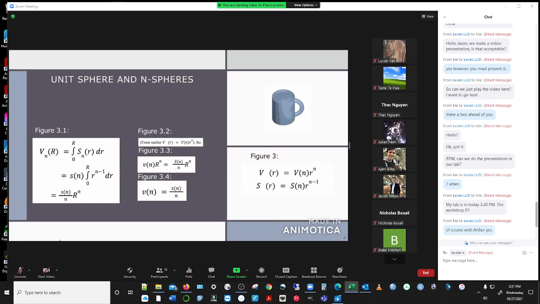Since the third dimension can be easily visualized, we will use n equals 3. So, volume equals surface area over 3. The volume of a sphere in three-dimensional space is traditionally known as volume equals 4 over 3 times pi times r cubed, and surface area is 4 times pi times r squared.